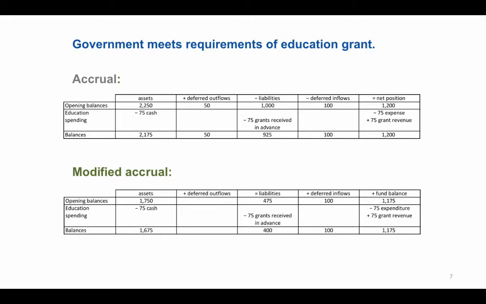The only way in which they might be different would be if there were some concern about whether the grant money was going to be available to pay for current period expenditures. And if it were not available, then the government would report the unavailable portion as a deferred inflow of resources until it actually collects the money.